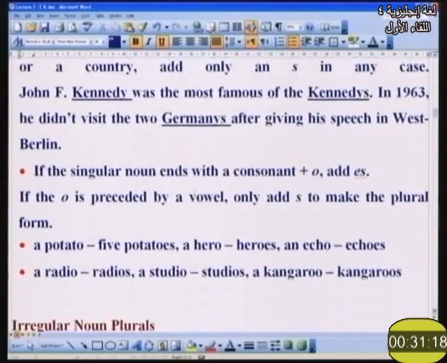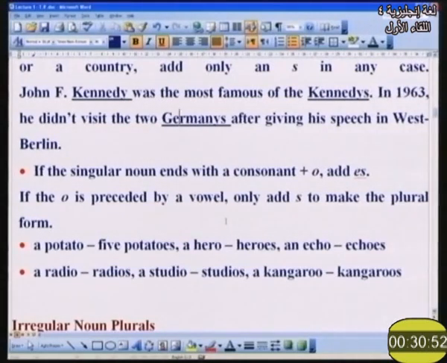Another rule, if the singular noun ends with a consonant plus O, add ES. And if the O is preceded by a vowel, only add S to make the plural form. Again, this is more or less the same rule like the Y. If a noun ends with an O, like potato, like studio, okay, what should we do?